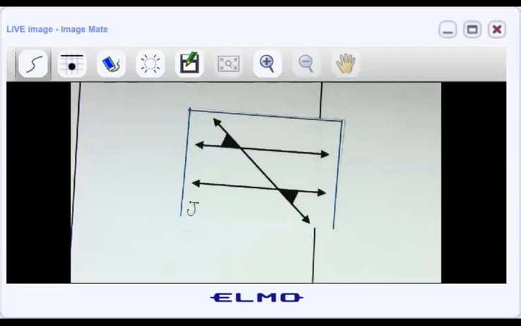Vertical. No, vertical have to share the same vertex. They make that cute little bow tie. Are these on the same side or alternate sides of the transversal? Tom, where'd you go?